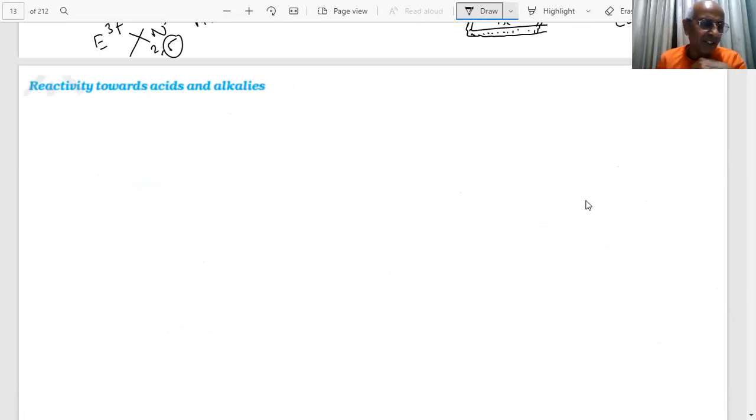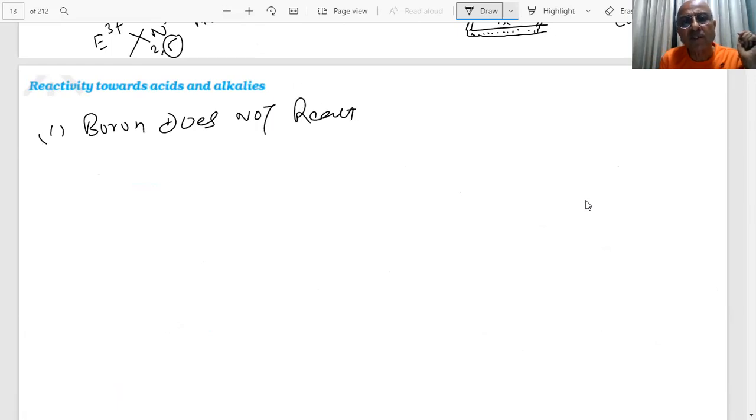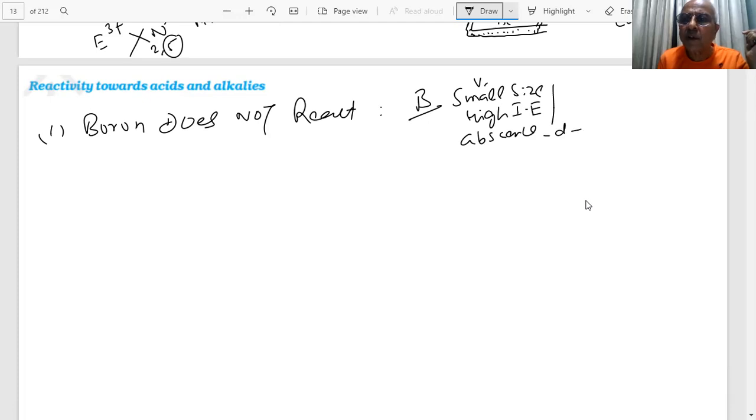They can react with acids and alkalis. Boron does not react. Again, I'm saying, you are seeing some anomalous behavior of boron, student, because of its very small size, high ionization energies you have seen, and absence of d orbitals.